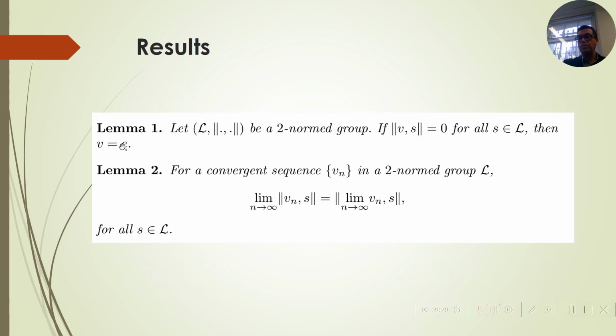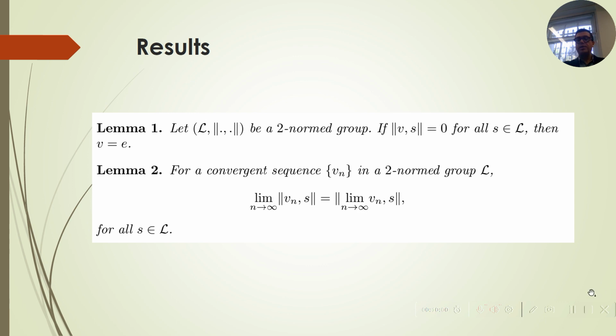And also some lemmas. For example, this lemma says that if this pair is a two-norm group and we have this condition for all S in L, then V must be the identity element. Another lemma: for a convergent sequence Vn in a two-norm group, if we have this limit, then we can move the limit inside of the norm.